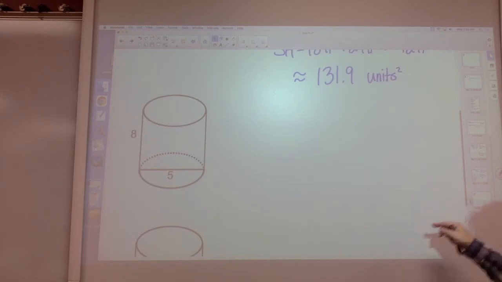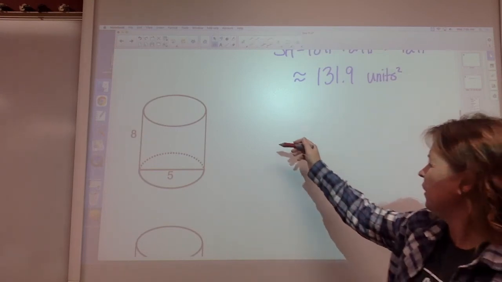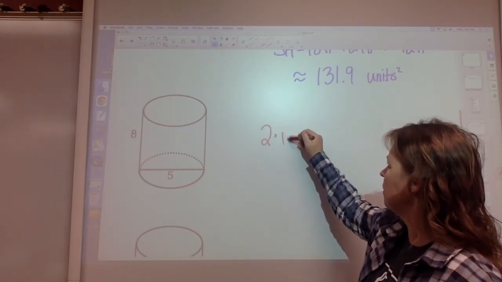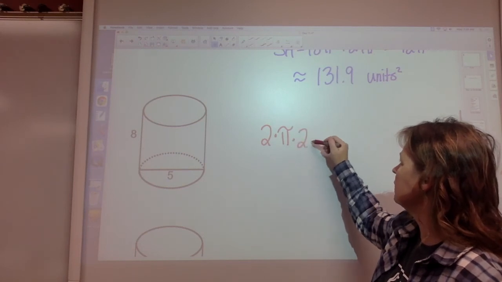Next one, same idea. You're going with 2 times pi times radius.